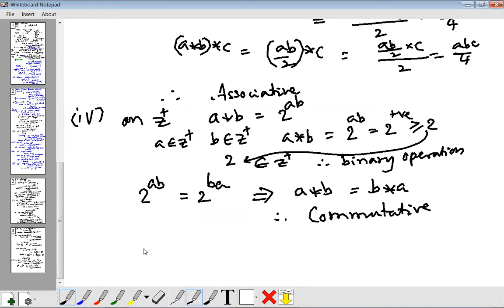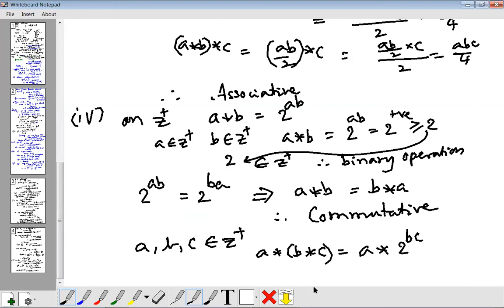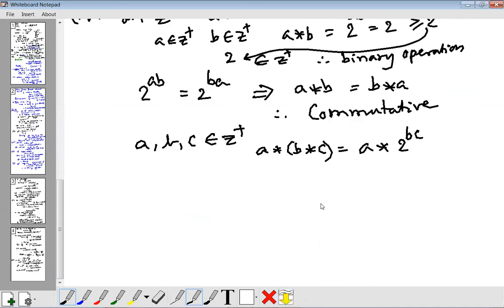Then the next one, say A, B, C belong to Z plus. All are positive integers. So we have to look at first A star B star C equal to A star 2 to the power of BC. Now this is one number, first number, this is the second number. So the result is 2 to the power of A into 2 to the power of BC.